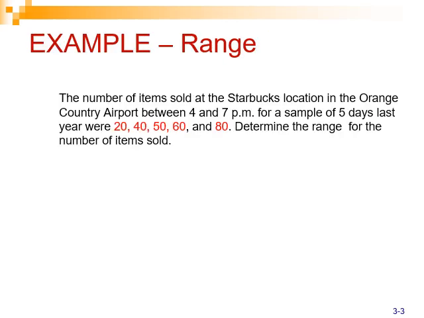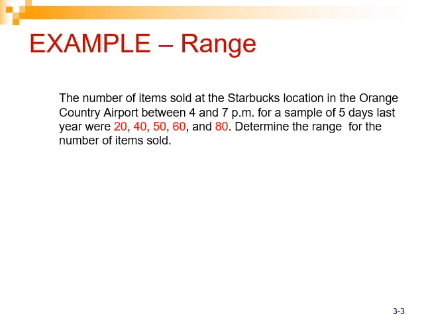The first is the range. We have an example now. The number of items sold at a Starbucks location in the Orange County Airport between 4 and 7 p.m. for a sample of 5 days last year were 20, 40, 50, 60, and 80.